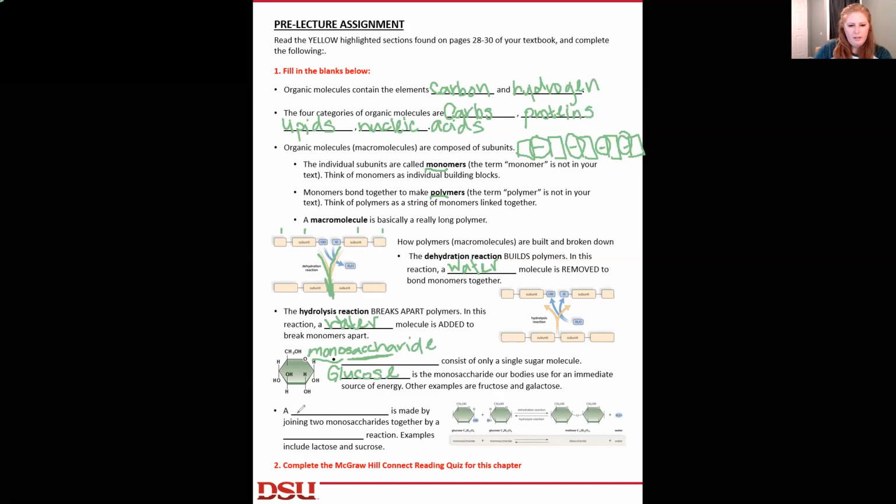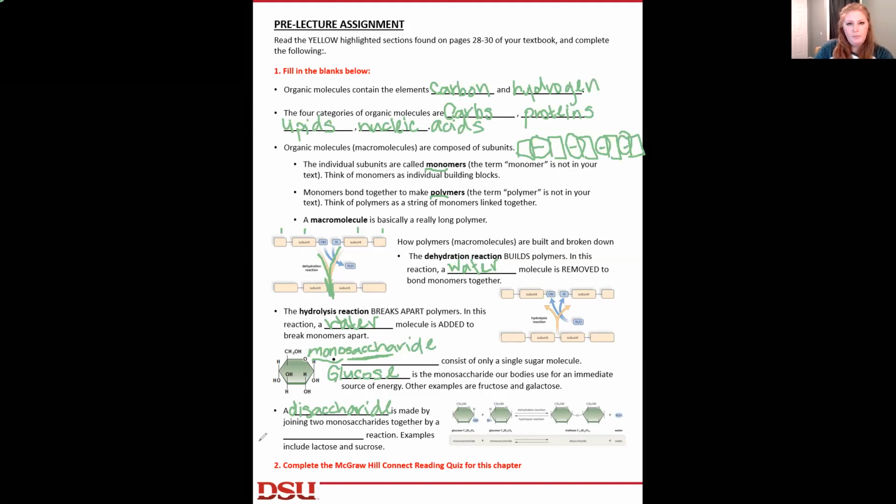Then we have a more complex sugar called a disaccharide, di meaning two. A disaccharide is made when you hook two monosaccharides together. And obviously you're going to do that through our dehydration reaction, right?